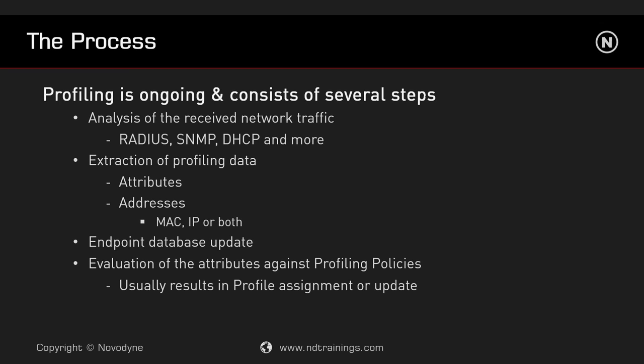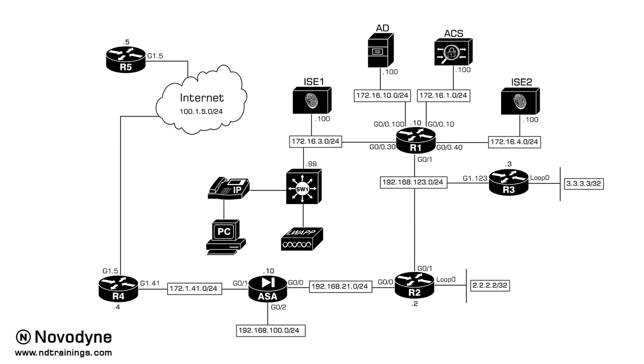Okay, so just to give you a high-level overview of this process, let's take a look at this on an example. I'm going to say that we will focus on this single PC, which is going to be using a physical MAC address of A. This is going to be the MAC address of this PC. And we will also say that at this point, we don't really know what is the IP address that will be used for this device.